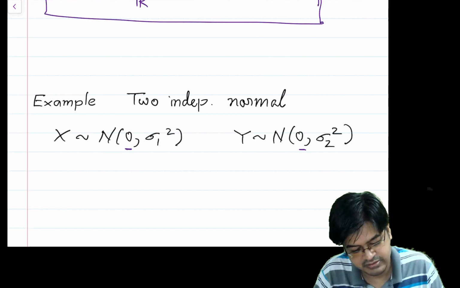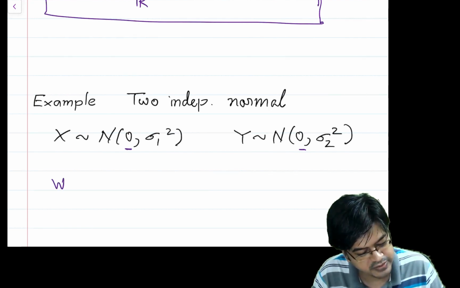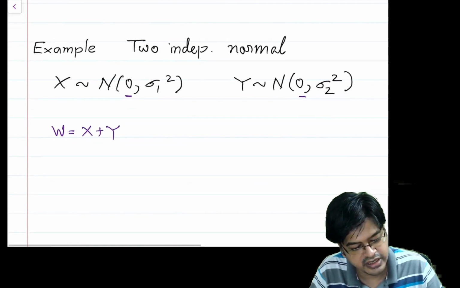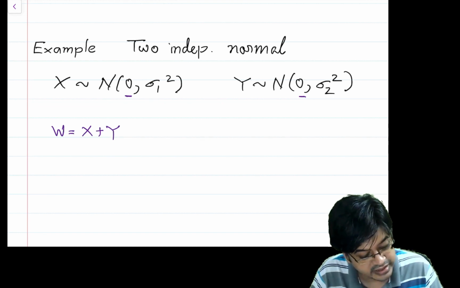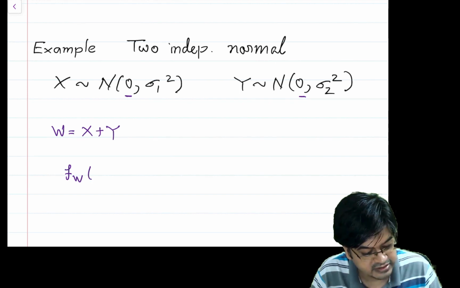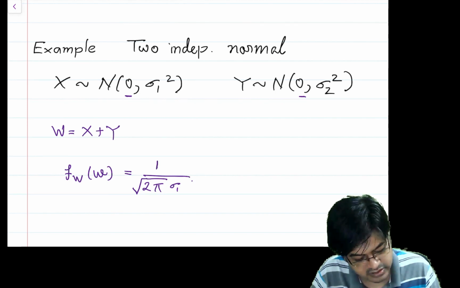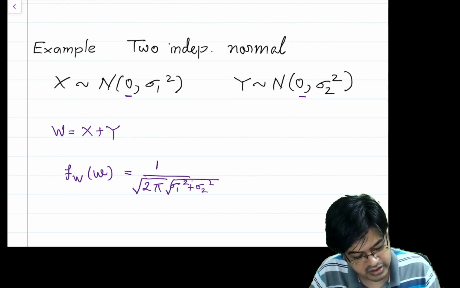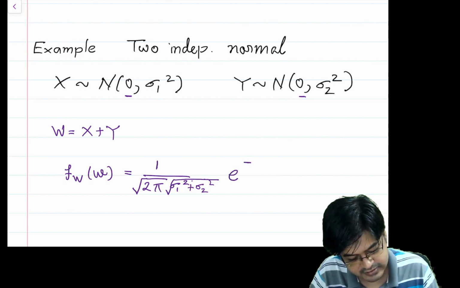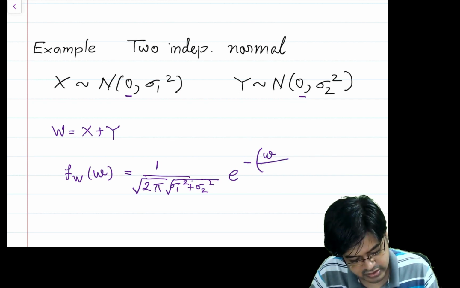Again I have chosen 0 as the mean to simplify the calculations, and if you are asked to compute W, which is X plus Y, then you can easily show that because these two random variables are independent, their density will be equal to the density of a normal random variable, 1 upon root 2 pi times the square root of sigma 1 square plus sigma 2 square, and then e raised to minus w square upon 2 times sigma 1 square plus sigma 2 square.